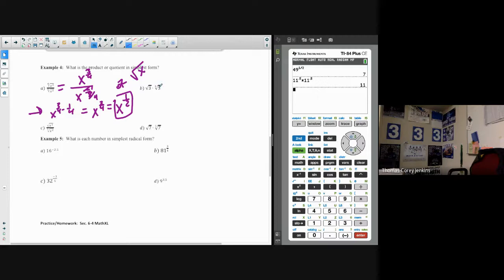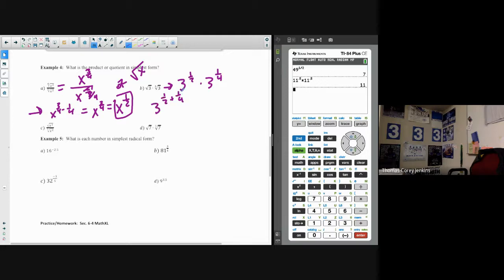All right, next one, we're multiplying. So we're going to think of this in terms of exponential form. So we'd have 3 to the power of 1/2 times 3 to the power of 1/4. Now my job here is to add exponents, right? Because I'm multiplying, so that's 3 to the 1/2 plus 1/4.